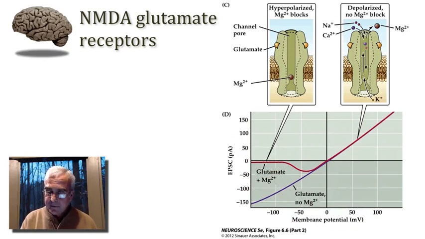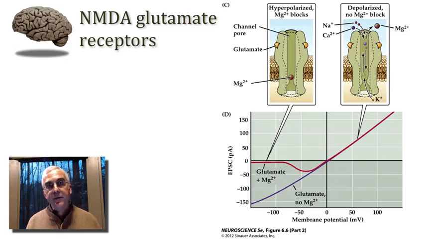But as the membrane potential begins to depolarize, when we get into this range here, now we begin to see some excitatory postsynaptic current passes. Essentially what happens is the magnesium block is relieved, and positive cations, sodium and calcium, can enter the cell. But notice that as we begin to depolarize towards 0 millivolts, the current reverses.